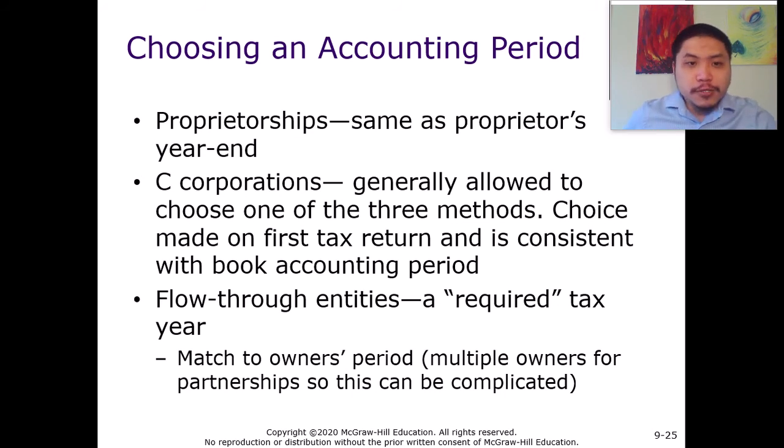First of all, for proprietorships and for flow-through entities, because these types of businesses don't have to file their own tax return, whatever income and expenses from the business flow through to the business owners' tax returns, right? So for these types of businesses, the accounting period has to be the same as the business owner's tax return, because they don't have their own tax return.